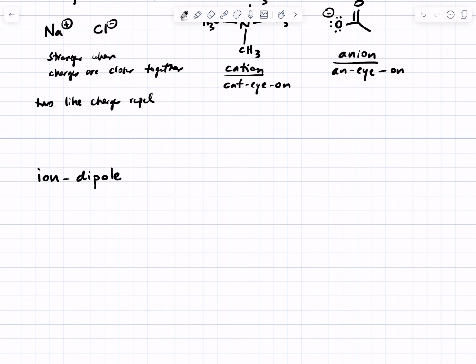So an example of an ion dipole interaction, first we need to talk about what a dipole is. A dipole happens when a bond is polar. So if we look at water, oxygen is more electronegative than hydrogen.